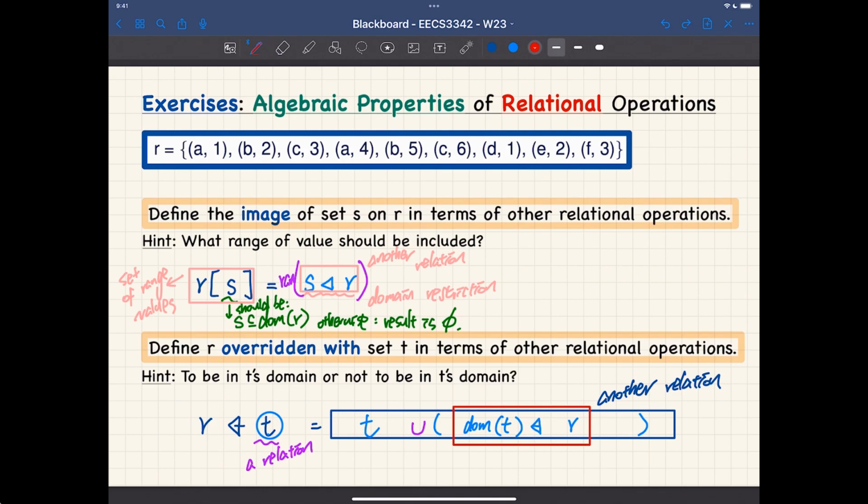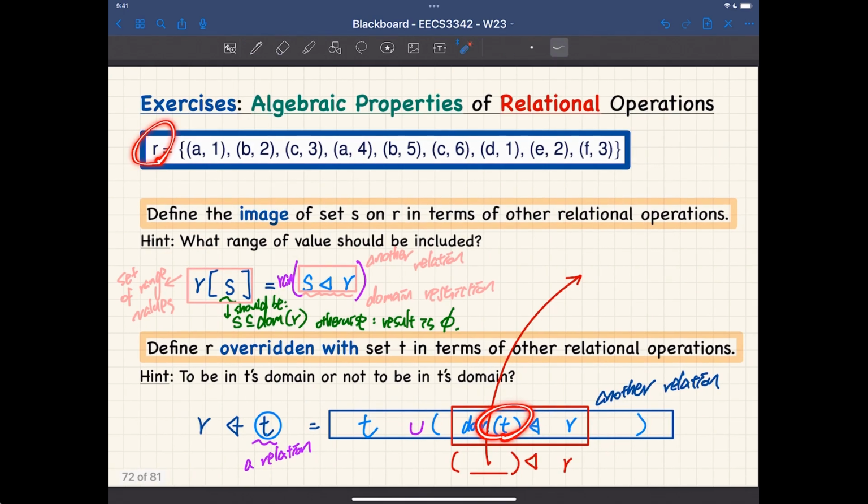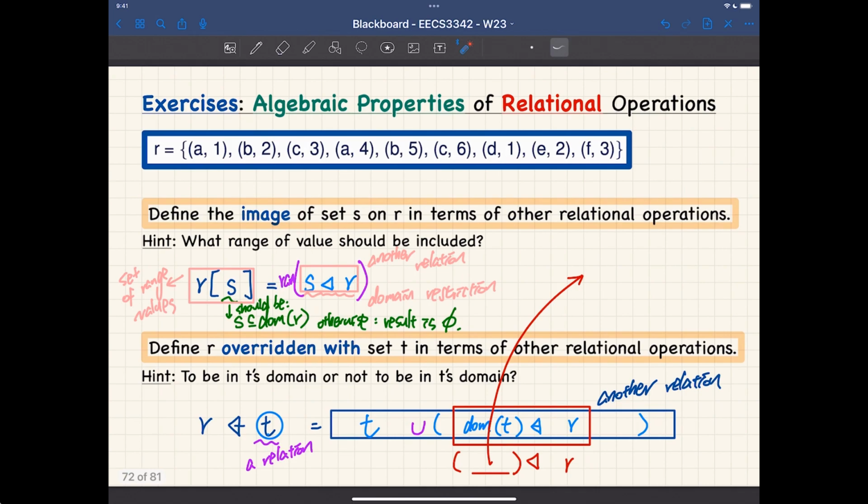What I want to do is, I want to do R, but now I want to do domain restriction over here. And this part over here, I'm going to write it down elsewhere just to give myself some space. Something that's going to be in the domain of R, but not in the domain of t. What kind of operation can we use? Set difference, exactly, right?